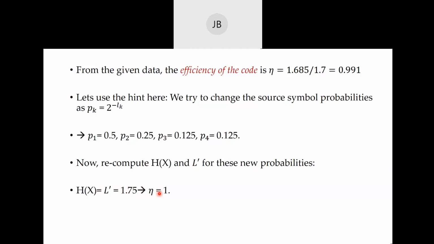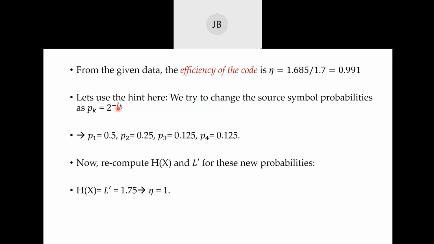Okay, this is the method of solving the second question, where you consider the lengths. We consider the varying lengths and then find the new probabilities.